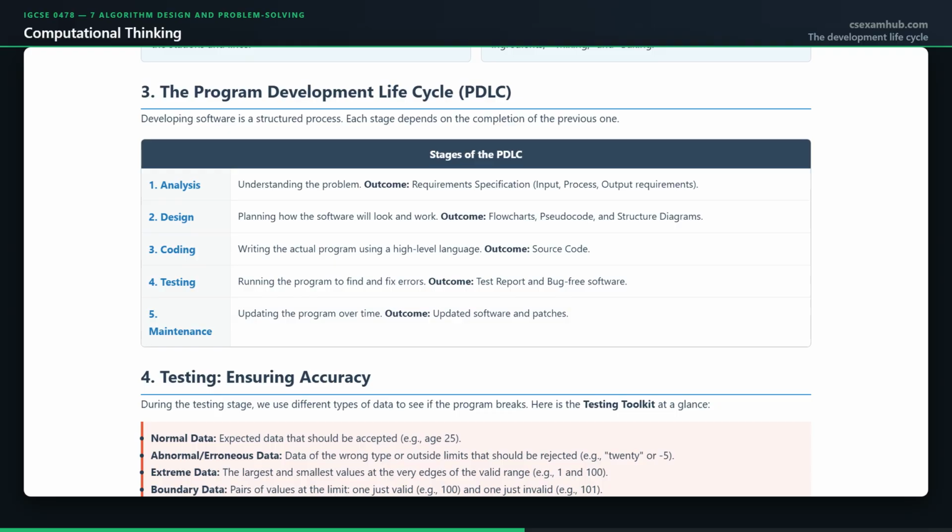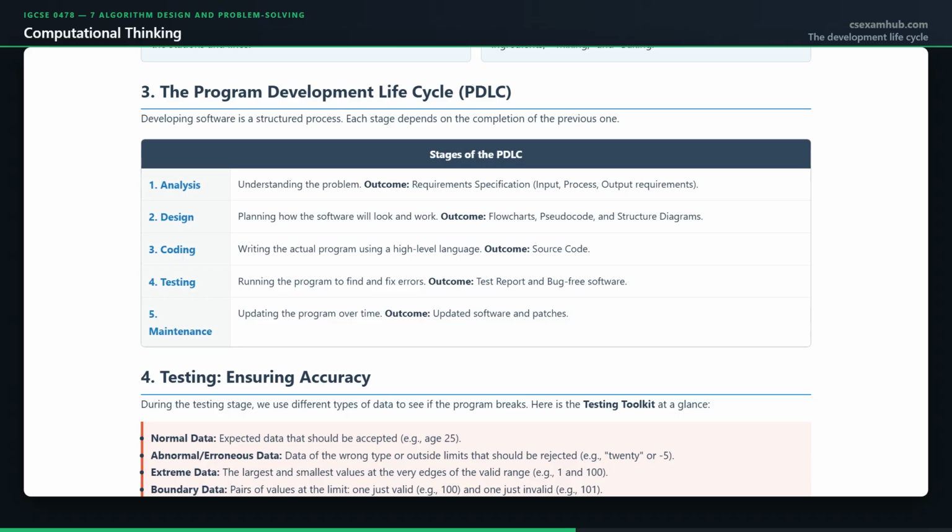All of that sits inside a larger structure, the program development lifecycle, and each stage depends on the one before it. Analysis, understanding the problem. Its outcome is a requirement specification stating what the inputs, processes, and outputs must be. And that document matters later because the finished program is eventually tested against it.